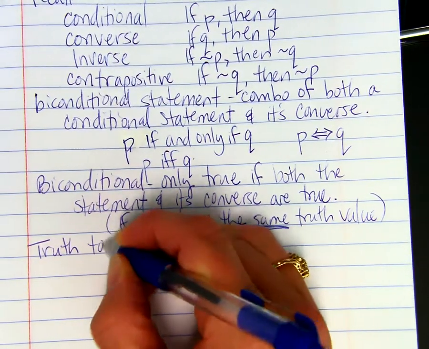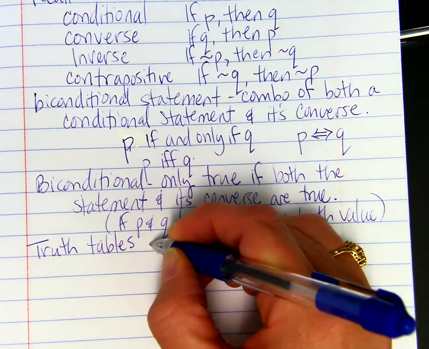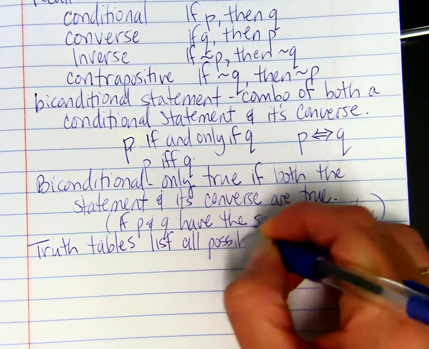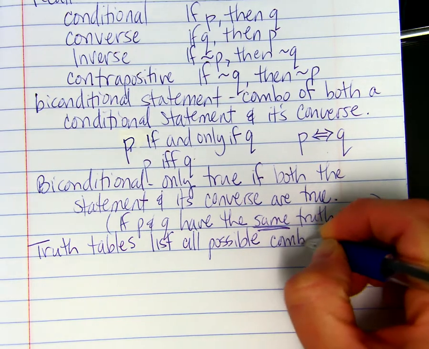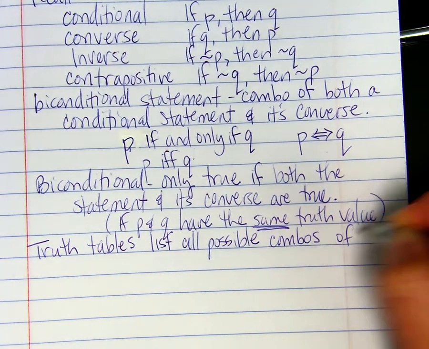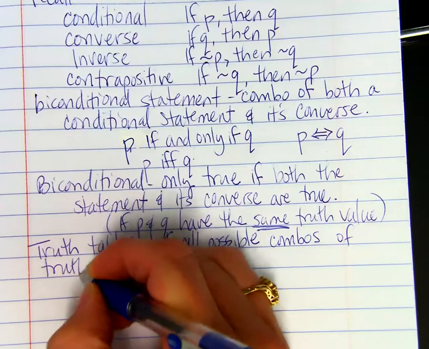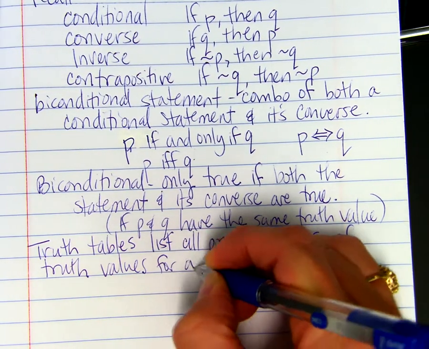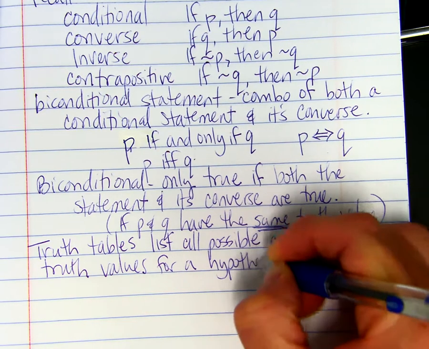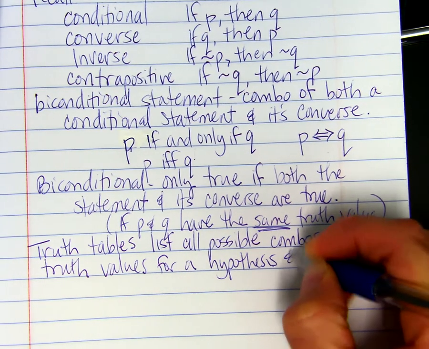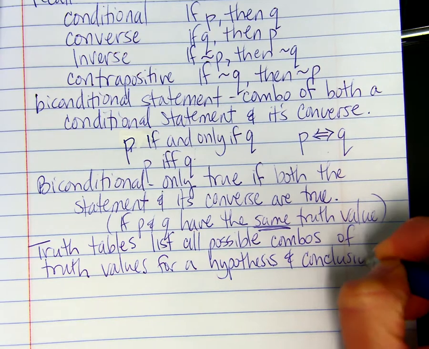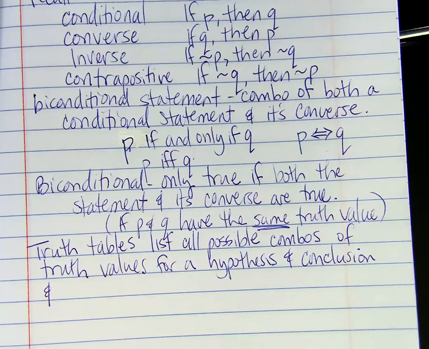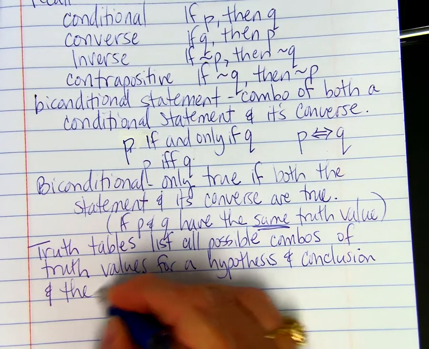So truth tables are a list of all possible combinations of truth values for a hypothesis and conclusion, and the conditional statements they have.